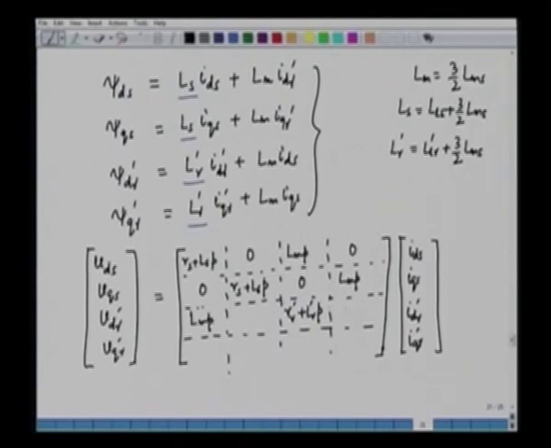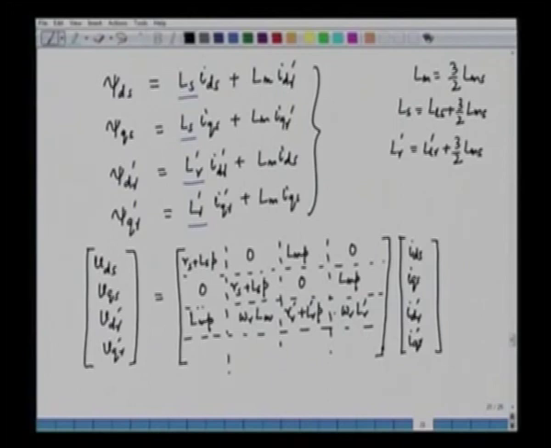Then we have to write down the elements corresponding to the rotationally induced EMF. So, this is in the d axis. We have omega r into Lm, omega r into Lr prime.